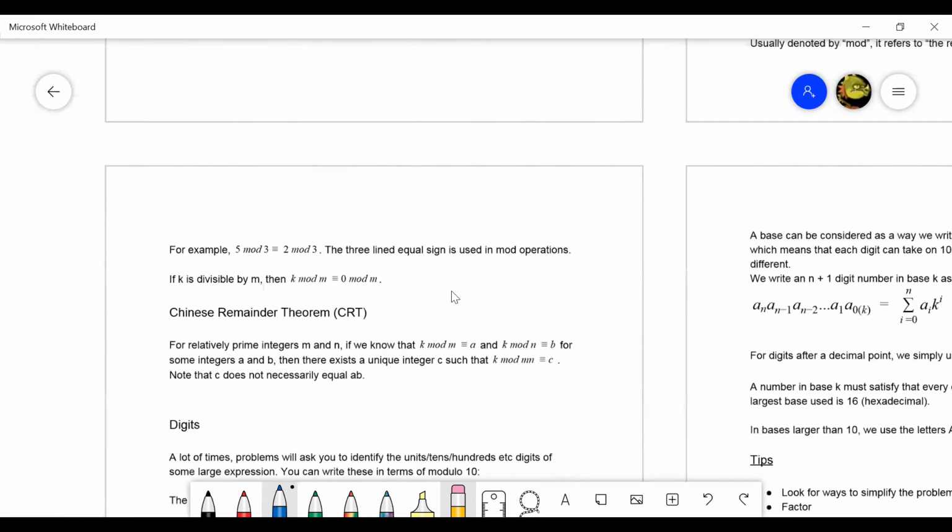So for example, 5 mod 3 is equal to, and you'll notice that this equal symbol has 3 lines, and that is the equal sign that you use for mod, because the numbers themselves aren't equal, but the remainder when divided by 3 is the same. So that's why you have a special equal sign. And when you say something is 0 mod a number, that means that it's divisible by that number.